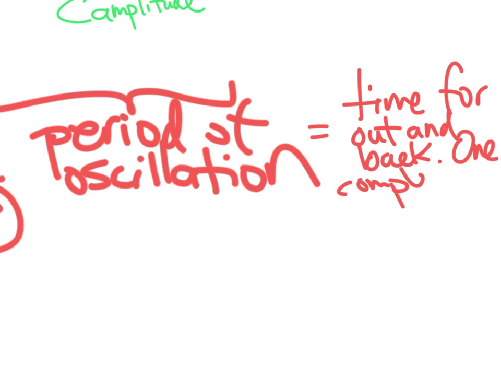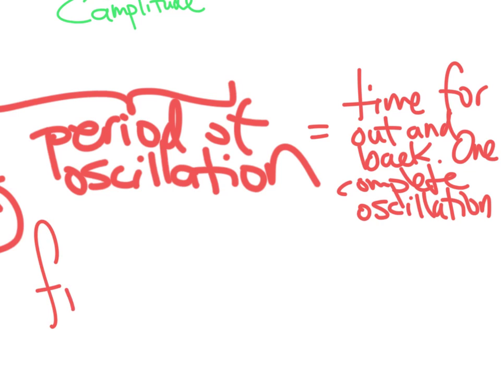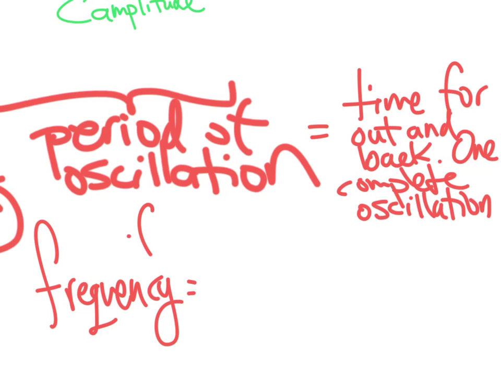One complete oscillation. And frequency is, excuse me, here's our formula. F equals 1 over T, or we could write T equals 1 over F.